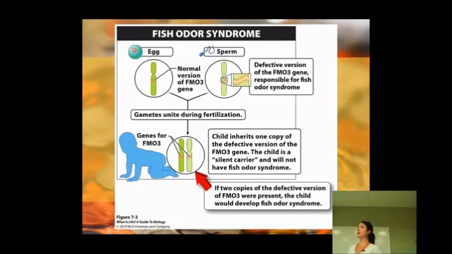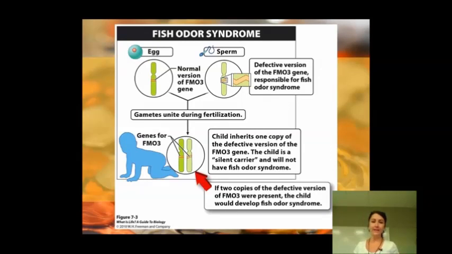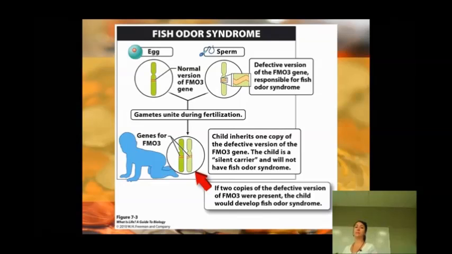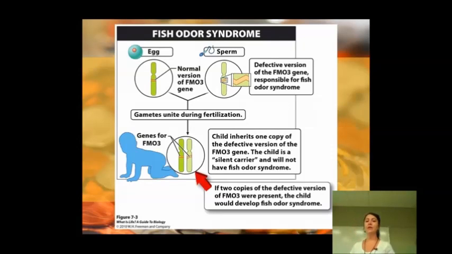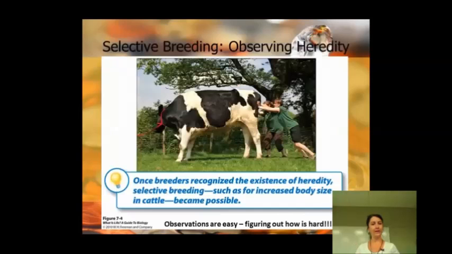Like what we talked about with dominance and recessive in lab, a child can be a silent carrier of that. So if both parents are silent carriers of that and don't have the actual disorder, but they have the genes for the disorder that are recessive and in the background, if a child ends up with 2 copies of the defective version, then the child could get this. So fish odor syndrome is one interesting one that is a recessive disorder, and we'll look at another one coming up here.